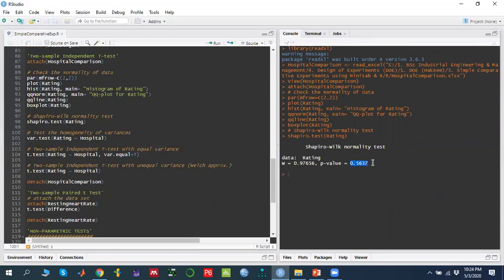When the p-value is greater than or equal to your pre-decided alpha value, and right now the p-value is 0.5637, whereas your alpha, let's say we are considering 5% alpha, so the p-value is greater than the alpha value, we will say accept H0.